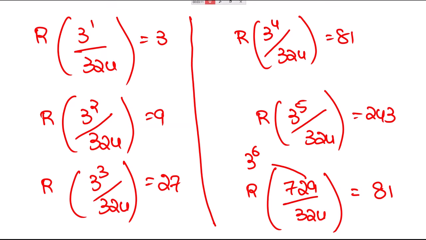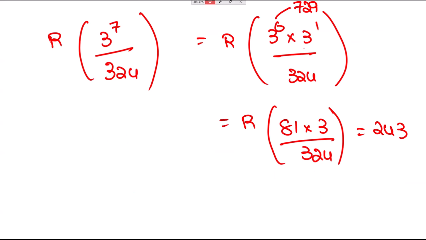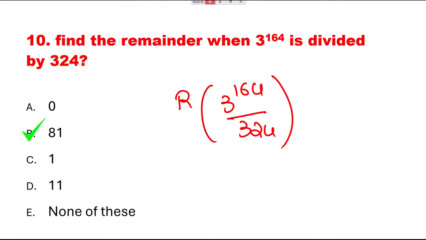You analyze this question that way. First subtract 3 from the power; after that, if it is even, 81, and if odd, 243. So for this question, the power first minus 3 gives 161, which is odd.